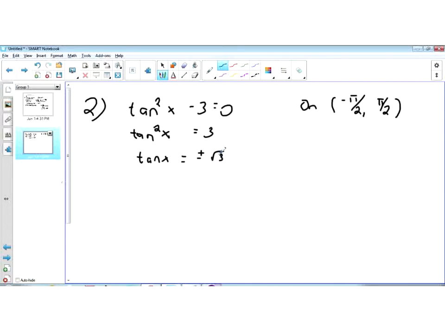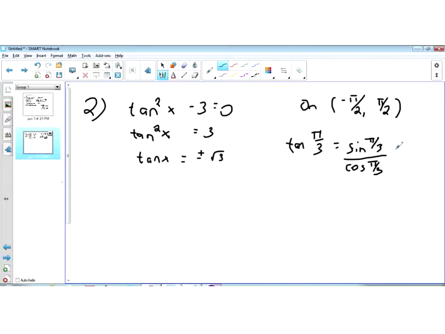Now, the tangent of what is equal to the square root of 3, or minus the square root of 3? We know that on -pi over 2 to pi over 2, the tangent of pi thirds is equal to the sine of pi thirds divided by the cosine of pi thirds.